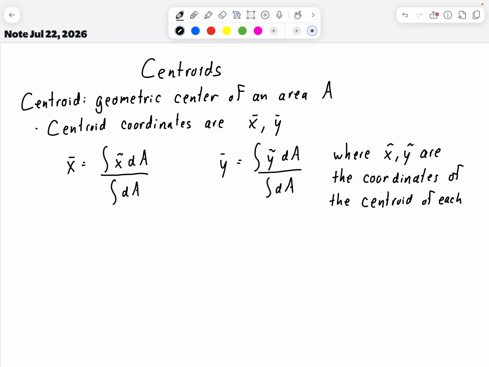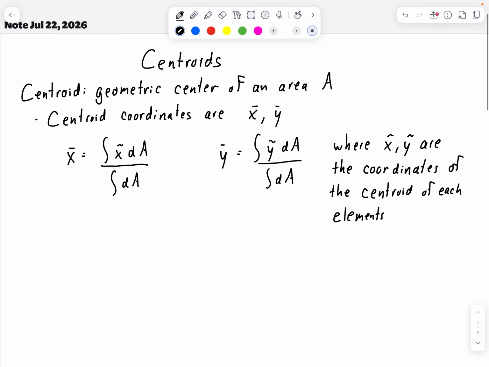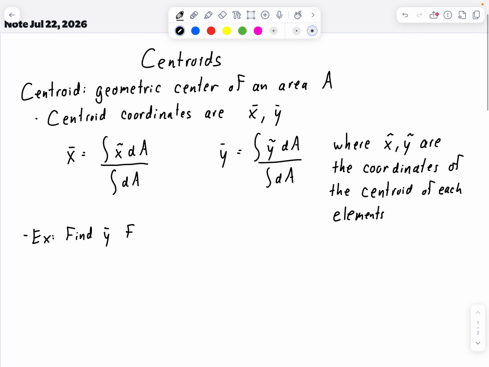So the shape is broken up into many small elements, and x tilde and y tilde represent the centroids of each of those elements. So let's do an example that will hopefully make things more clear. So here we're going to find the y centroid for a triangle.